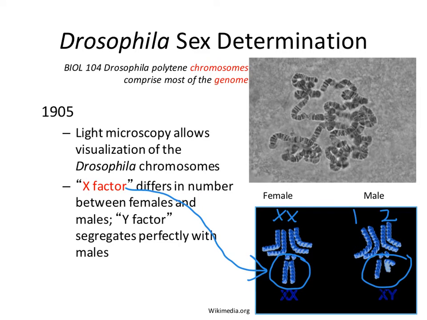They just knew it was a chromosome, a colored body, and the structure, the shape, the size differed between males and females perfectly. Every time they looked at a female, it looked like the shapes and sizes of chromosomes diagrammed here on the left. Every time they looked at a male, so perfect correlation between chromosome shape and the sex of the organism they took the chromosomes from.